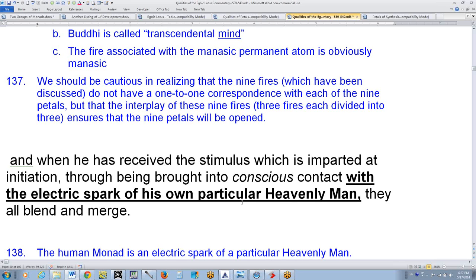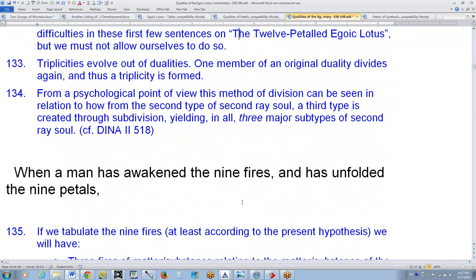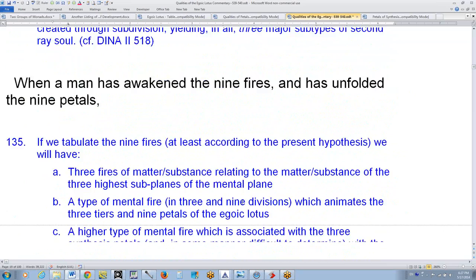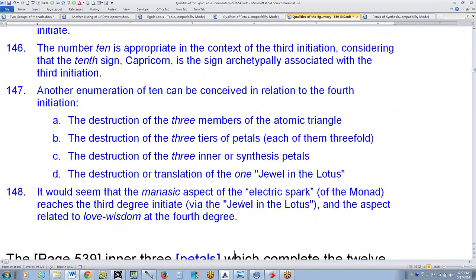They all blend and merge, yes. That's at the third degree, certainly.